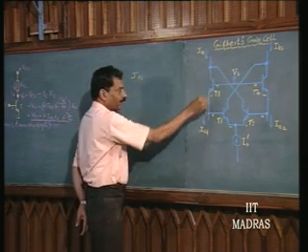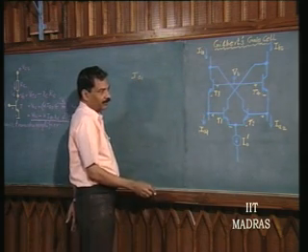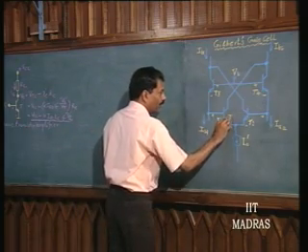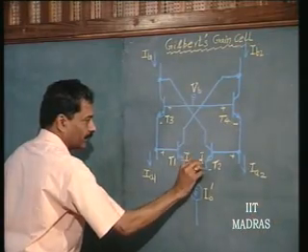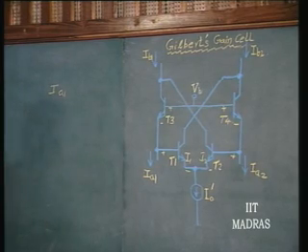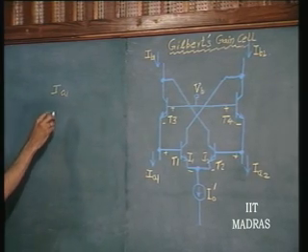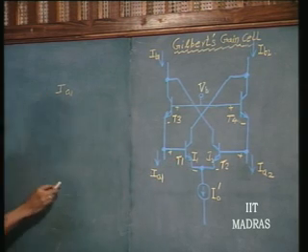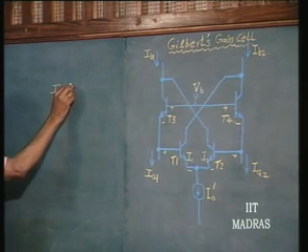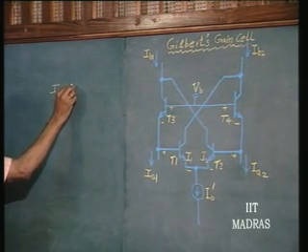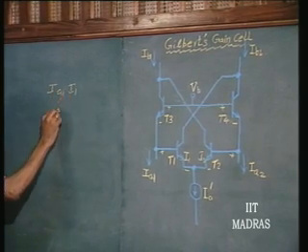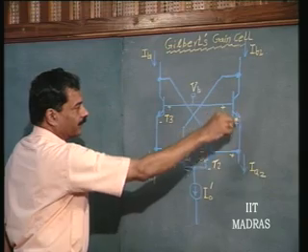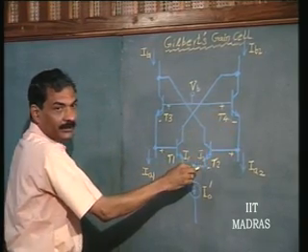IA1 is the current flowing in this, into, let us call the current flowing in this as I1, the current flowing through this as I2. So, IA1 into I1, right, is equal to, again IA2 is flowing through this into I2.